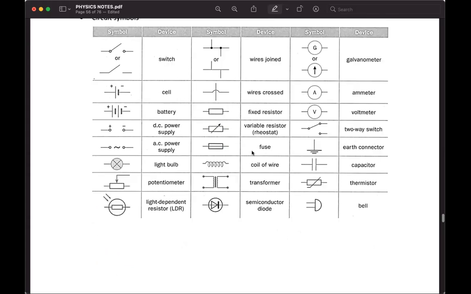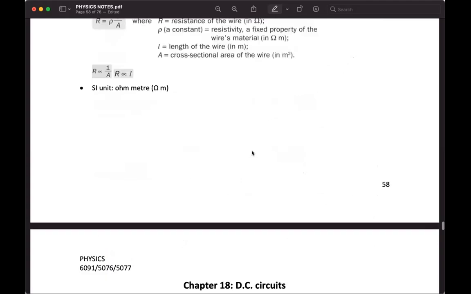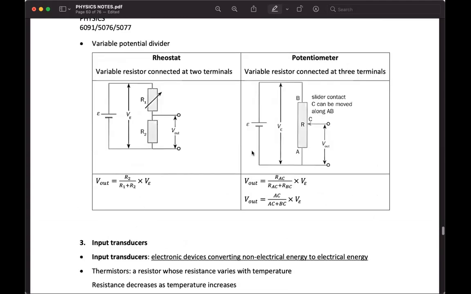So how do we use this in a potential divider? Okay, so this is a resistor where this point can vary along this line. Clear so far? The closer you put to B, you'll be closer to the E value. The closer you bring down to A, you'll be closer to 0. Does it make sense?